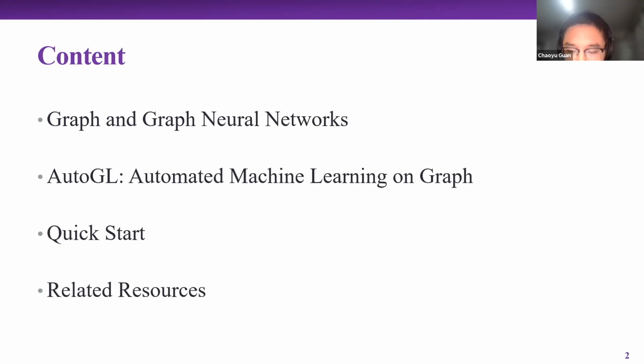At the third part, I will walk you through some basic starting codes of AutoGL. I will demonstrate how to install and use our AutoGL library and show some examples on how to perform AutoML on graphs using our library. So at last, I will share some related resources for you to learn more about our library and other related works in our lab. Hope you can enjoy this talk.